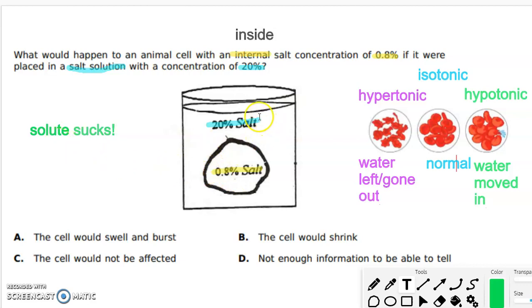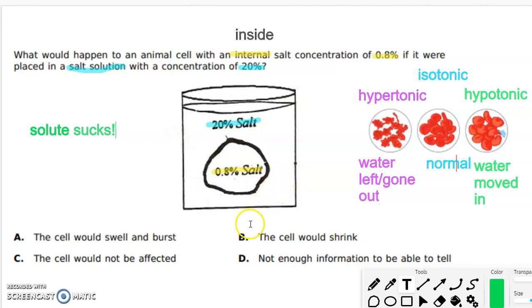When we look at these numbers, we have a 20% salt outside the cell and a 0.8% salt inside of the cell. Whichever number is bigger, that solute is going to suck all of the water towards that same direction, towards the higher number of solute or salt.